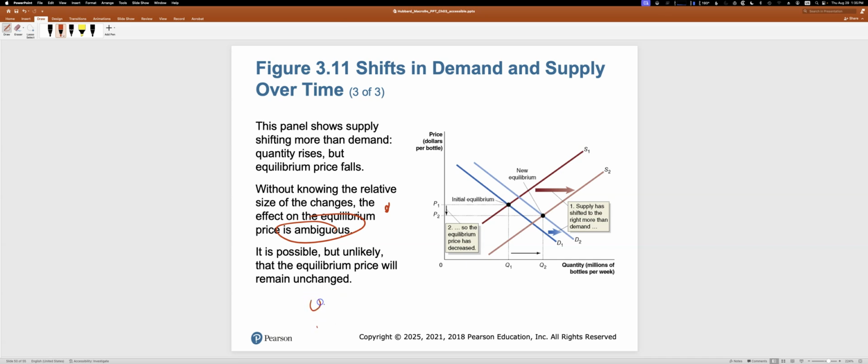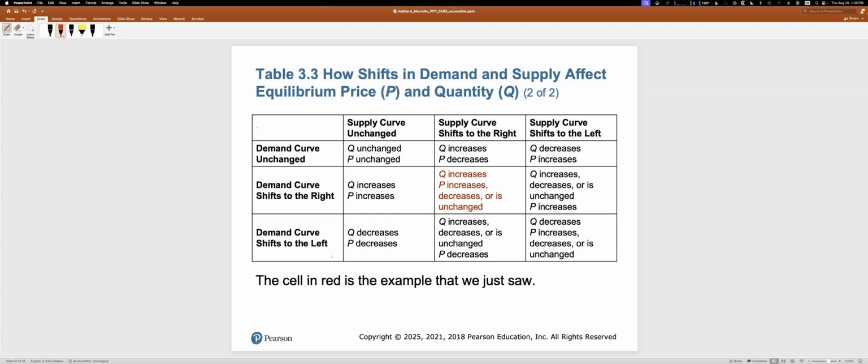But the quantity moves in an unambiguous way, meaning there's no scenario where it did not increase. And so that's what we see here. So this would be slide 51, another good slide to commit to. And the ones where you see that it increases, decreases, or is unchanged would mean that price is the ambiguous variable. Here, quantity is the ambiguous variable, and here price is the ambiguous variable, and the other one is the unambiguous one, the one that we know with certainty how it's changing.